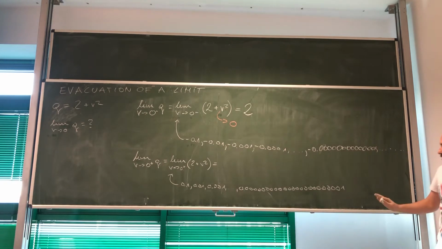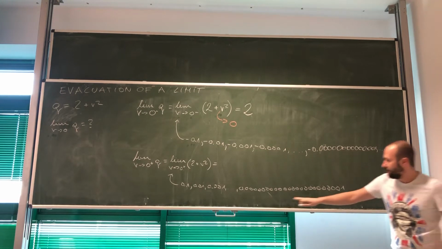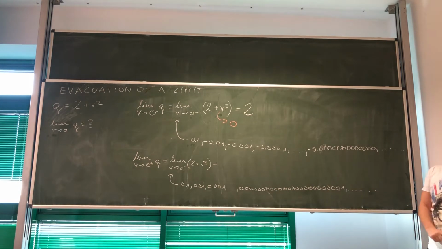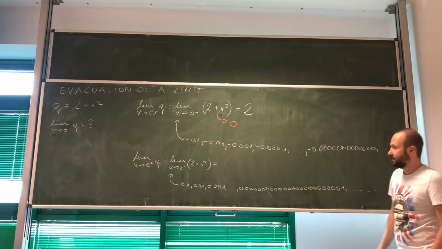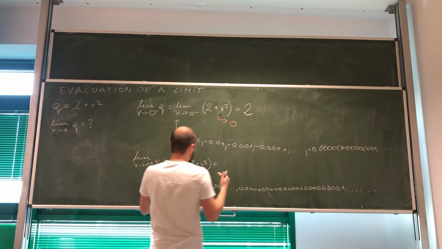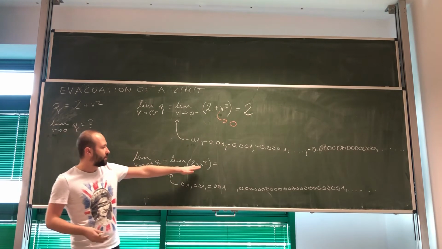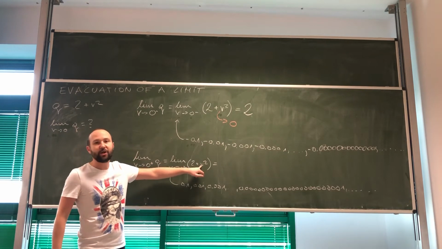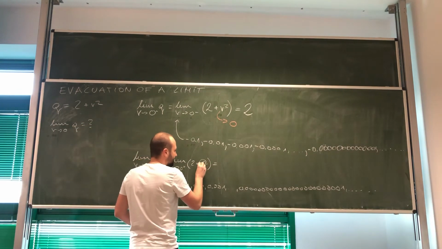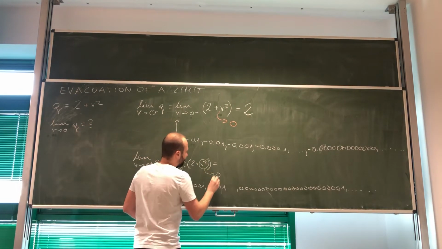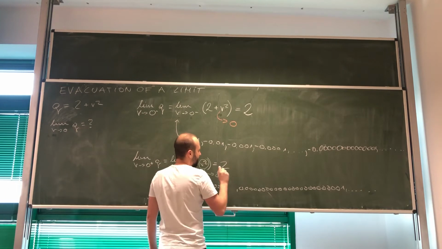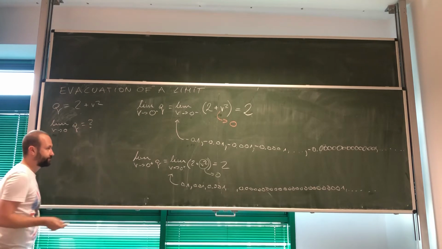And again, we imagine that we are putting here a number that is so ridiculously tiny that it's barely visible. And of course we remember that even though here we have so many zeros, there is still an even tinier number than this one. But again, a pattern emerges. As we put lower and lower values, we are getting closer and closer to 0. So again, we can see that this is going to 0. So the limit of this function is simply 2.